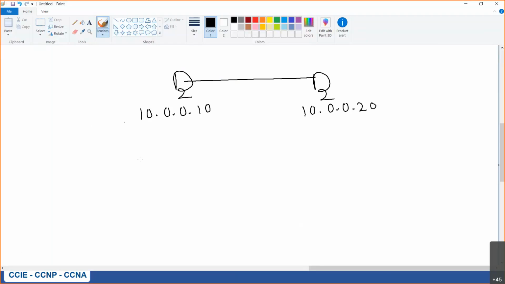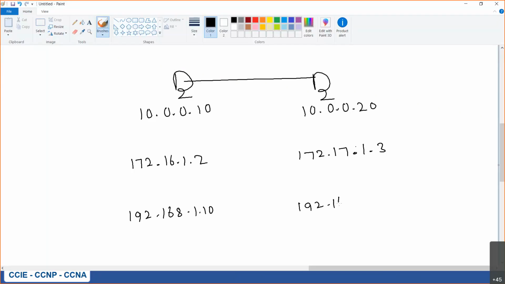Now, second case, 172.16.1.2 and 172.17.1.3. Third case, 192.168.1.10 and 192.168.1.11.